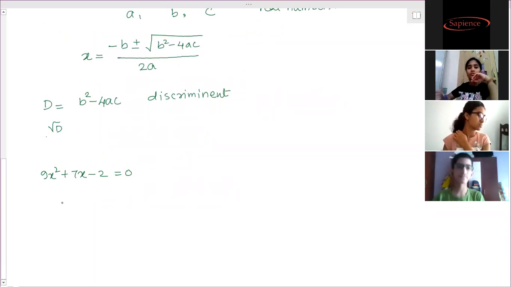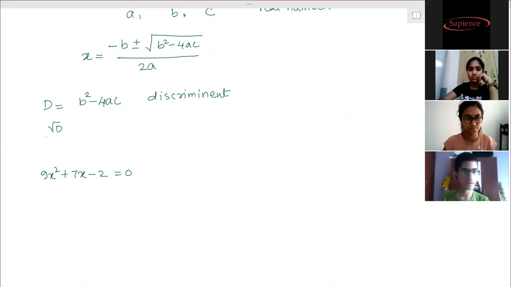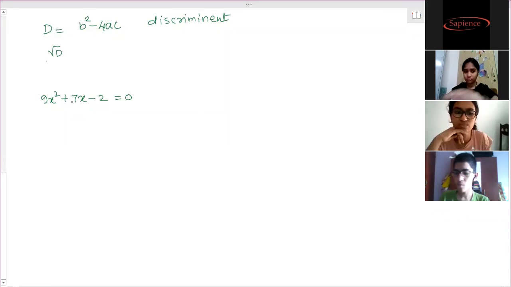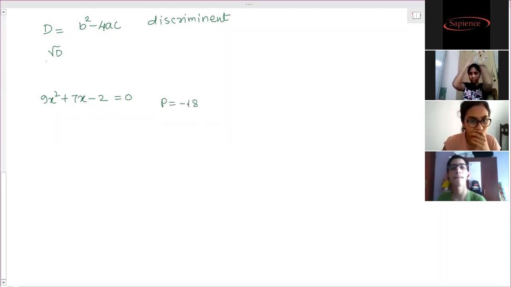Now we have this simple equation. You can solve it by middle term splitting, and if you are not able to solve it, you can use the quadratic formula. Now the same question I will solve by both. So for 9x square, middle term splitting, we have to split this 7x such that the product of the two terms should be 9 into minus 2, that is minus 18.